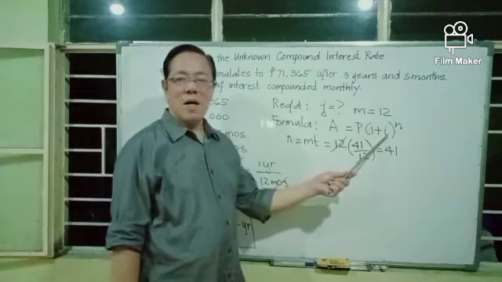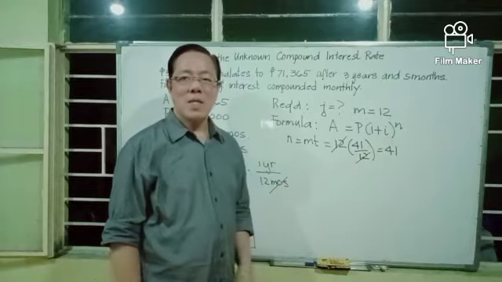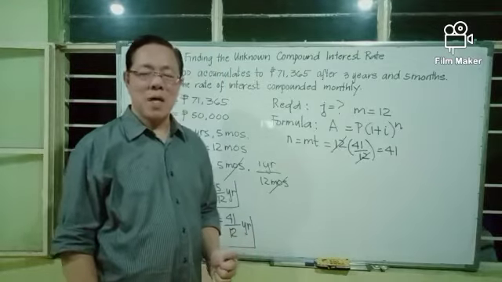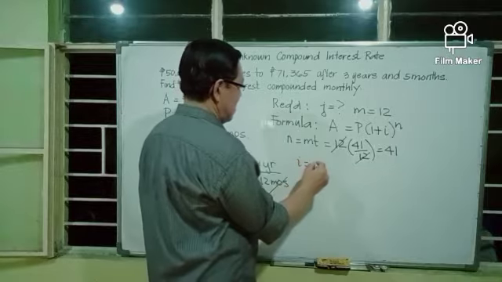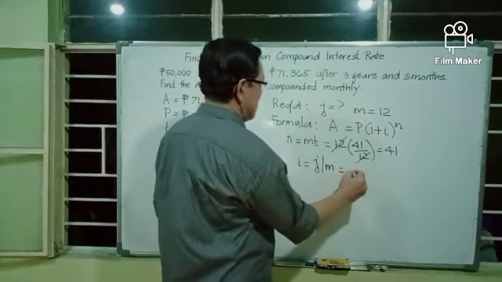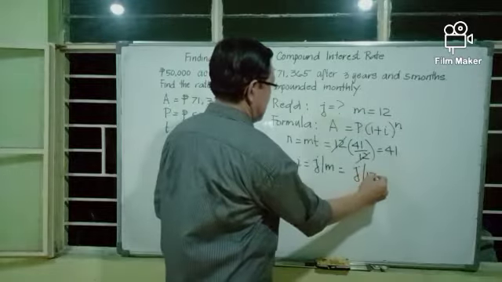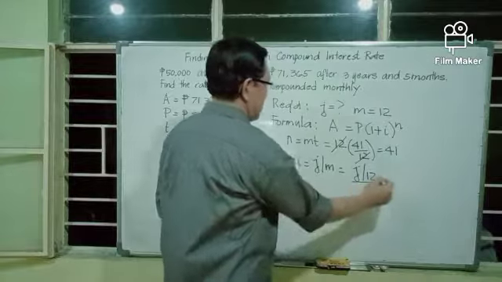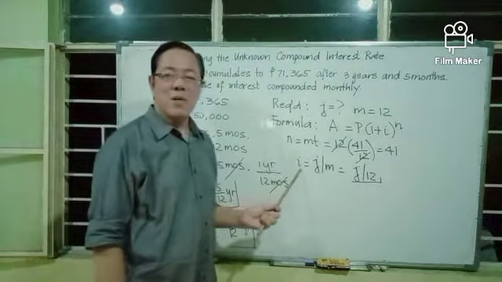Small i here is the interest rate per month, or the interest rate per conversion period.